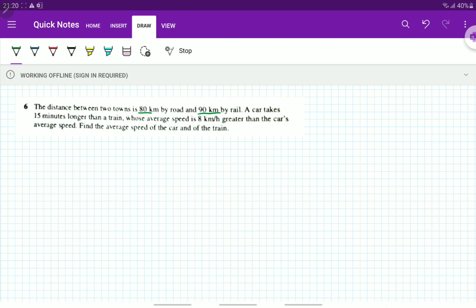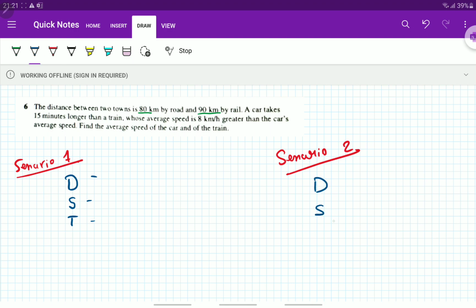So let's write scenario 1. Under scenario 1, let's write distance, speed and time. And let's write scenario 2 here, and the same distance, speed and time.